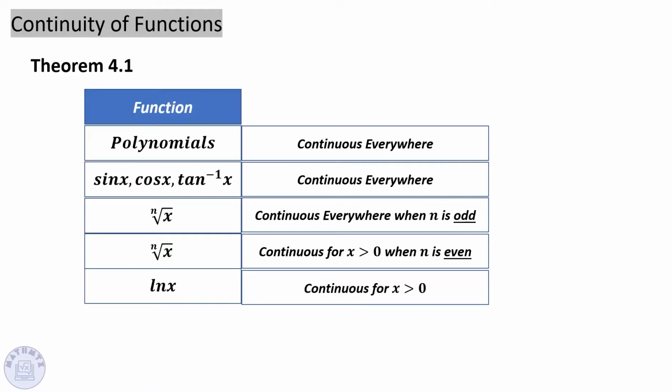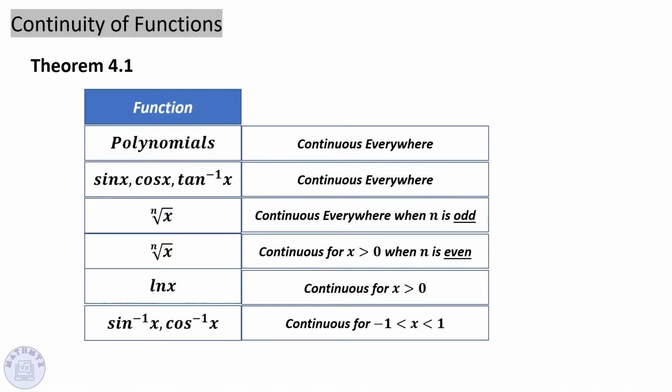Ln of x is continuous for x larger than 0, because the ln function and the log function are not continuous for negative values. And also sine inverse and cosine inverse are continuous on their restricted domain. You can think of it as the range of the original sine and cosine functions.